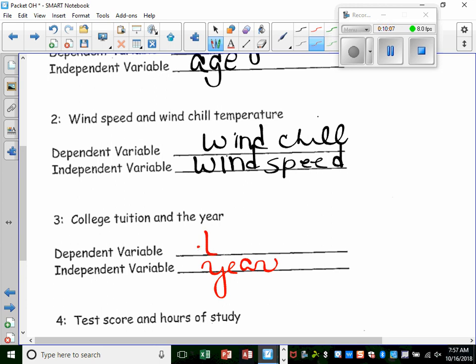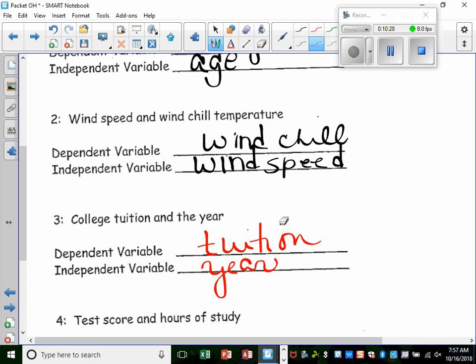And then the tuition would be the dependent variable. Because I am sure when your parents were in college, whatever year that was, the tuition is going to be much greater now in 2018. So yes, that can have an effect on how much you pay.